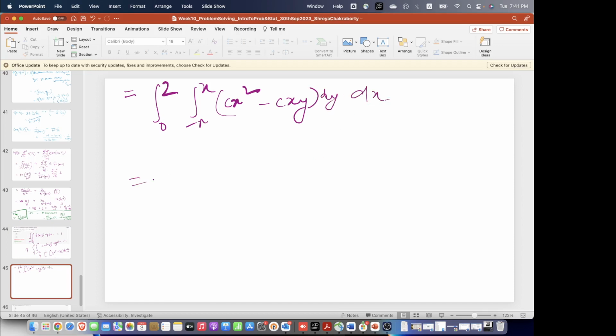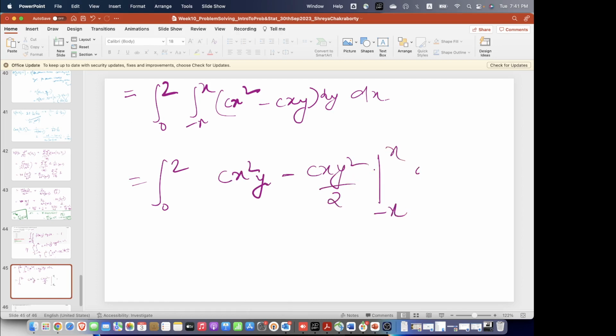So this one would be the integral from 0 to 2 of c x square y minus c x y square by 2, evaluated from minus x to x, dx.